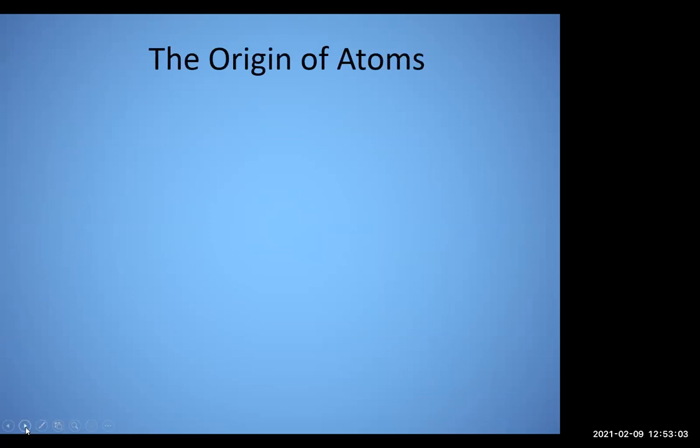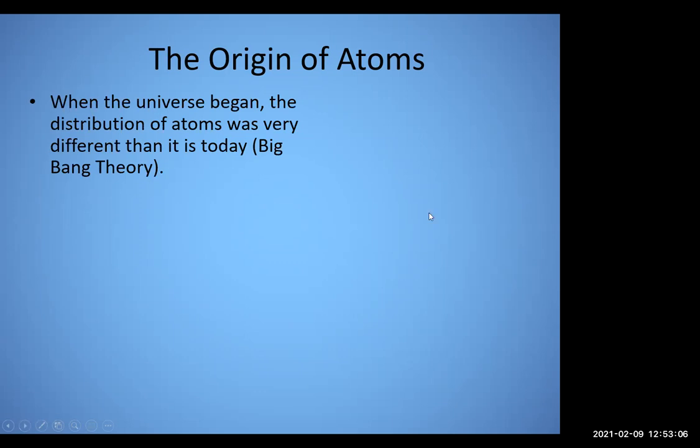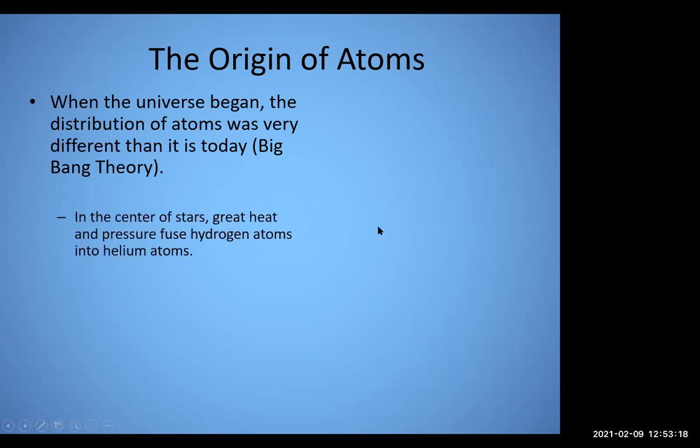Where does everything come from? The current theory on where the universe came from is called the Big Bang Theory, different, of course, from the TV show. But the Big Bang is basically that everything was a singularity at one time.